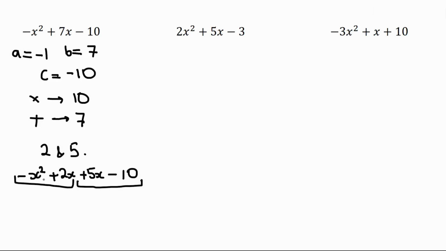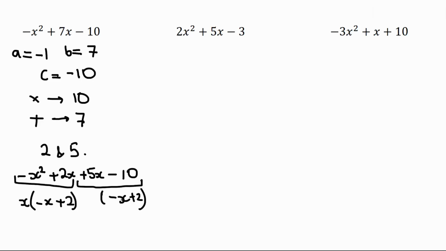So now, what's the highest common factor? Well, it's x. And to make x into minus x, we're going to multiply it by minus x. And then we're going to add 2. And this transfers over, so it's minus x plus 2.